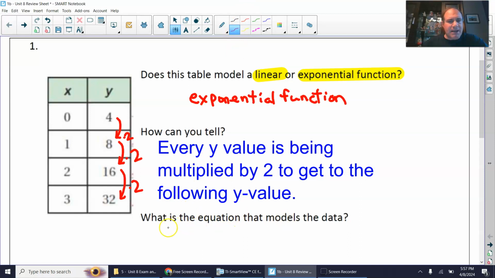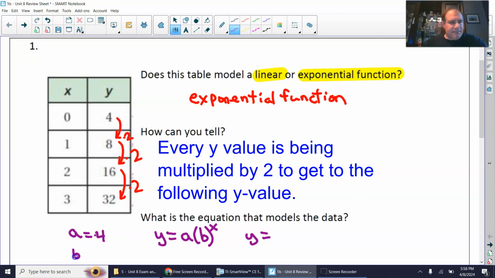What is the equation that models this data? Well, an exponential function is y equals a times b to the x power. So we have y equals, and a, we're going to put over here, a equals 4. That is the initial value.